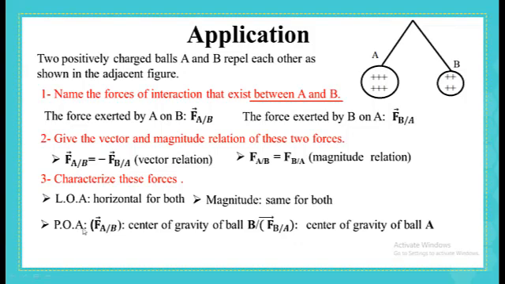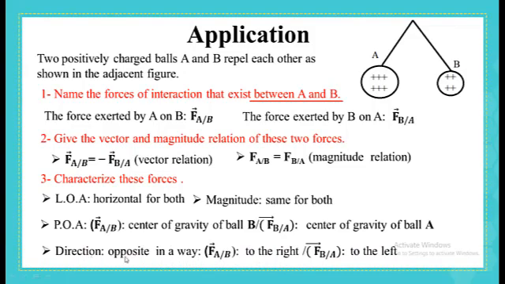Concerning the point of application, and since we're talking about forces of interaction that act from a distance, then it's the center of gravity. If we are talking about the force exerted by A on B, it is applied at the center of gravity of ball B. And when we talk about the force exerted by B on A, this force is applied at the center of gravity of ball A. Concerning the direction, they have opposite directions.